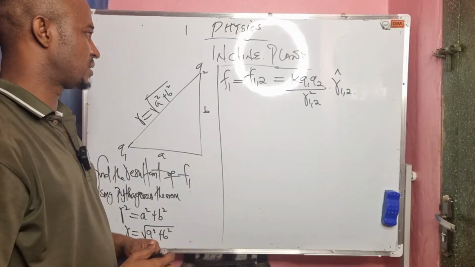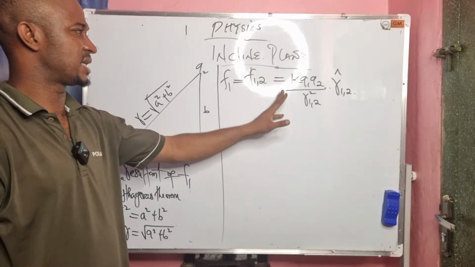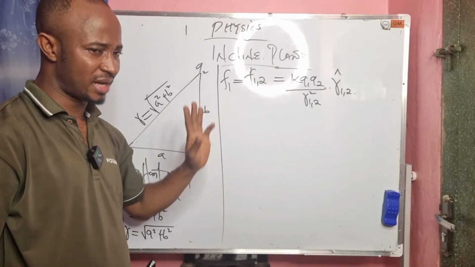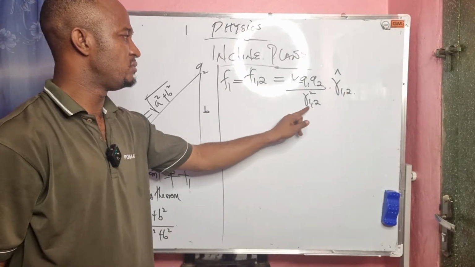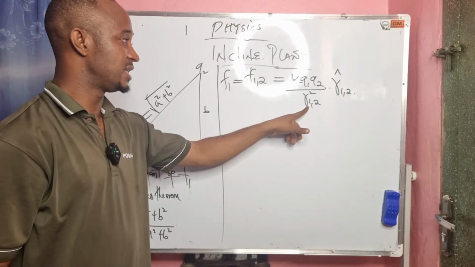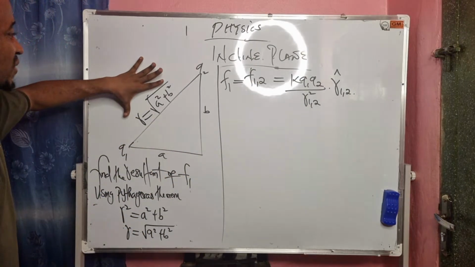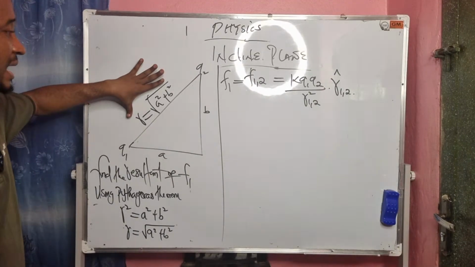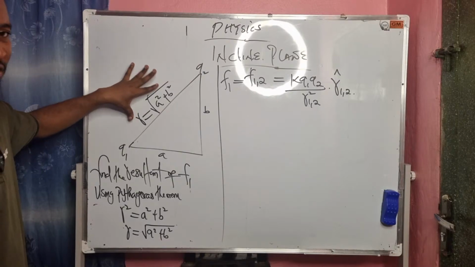Just pay attention. We already know that F1 is F12, which is KQ1Q2 over R squared, where 12 means the distance between charge 1 and charge 2. The distance we have defined using Pythagoras theorem as R equals the square root of A squared plus B squared.